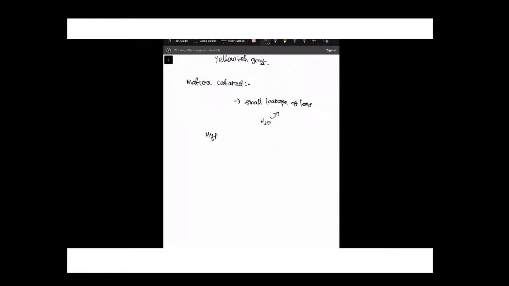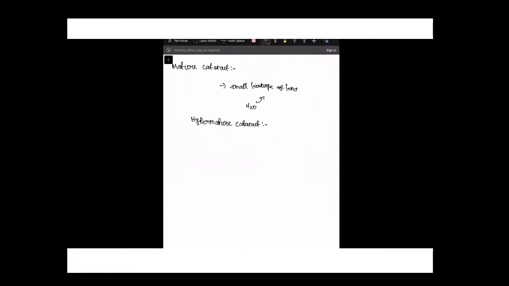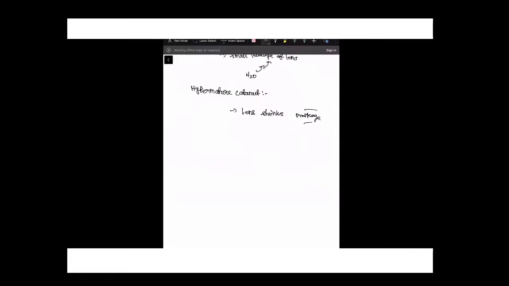And we have hypermature cataract. The lens shrinks because of the water going inside and leading to breakage. The capsule of the lens crumples.